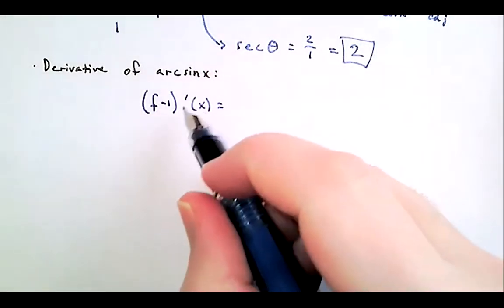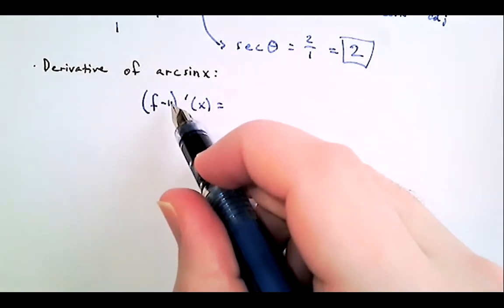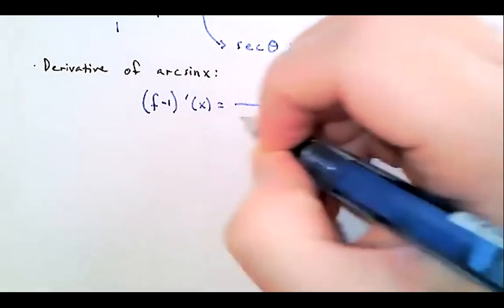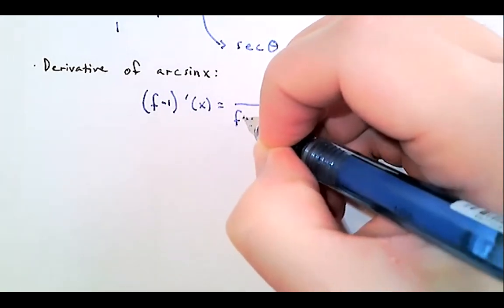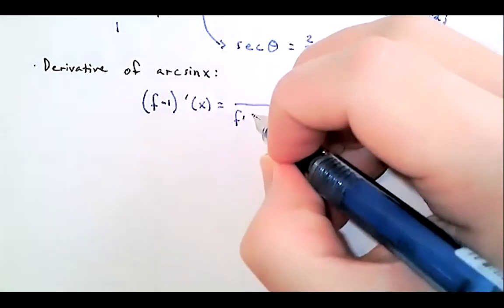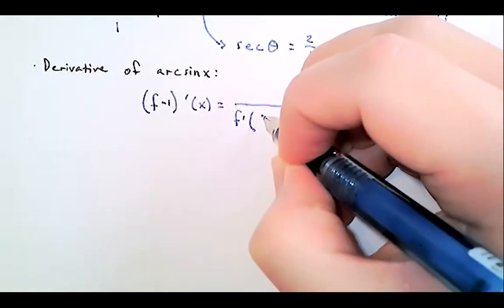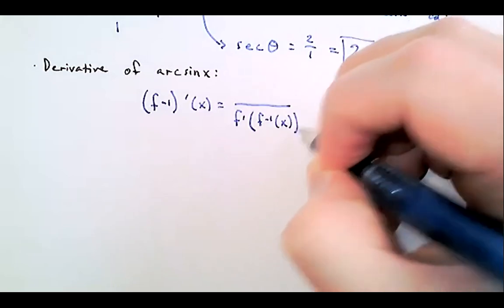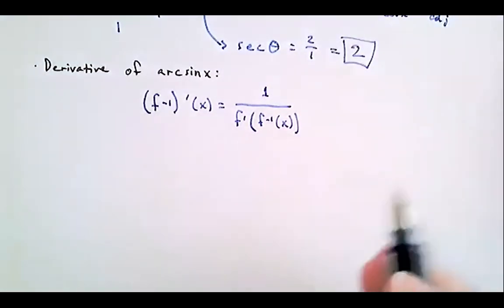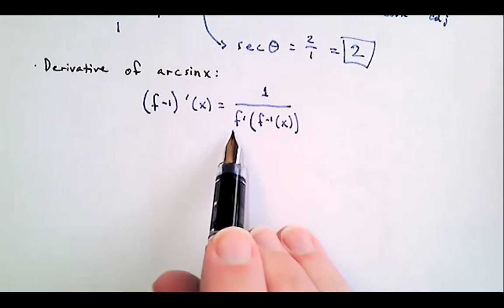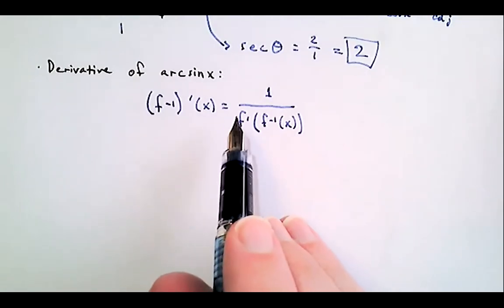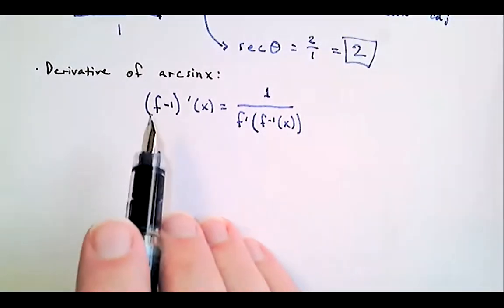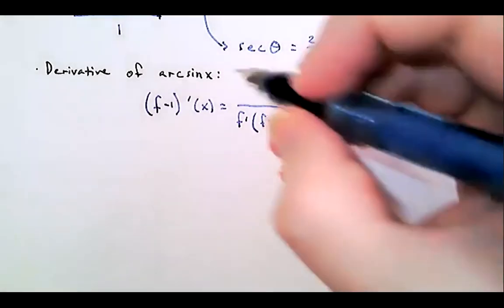So if I want to find the derivative of an inverse function, what I do is I divide by the derivative of the original function with the inverse plugged in, like this. So I'm plugging the inverse function into the derivative of the original function. And in this particular case, we're doing arc sine.